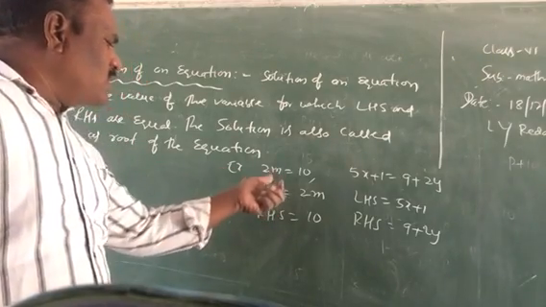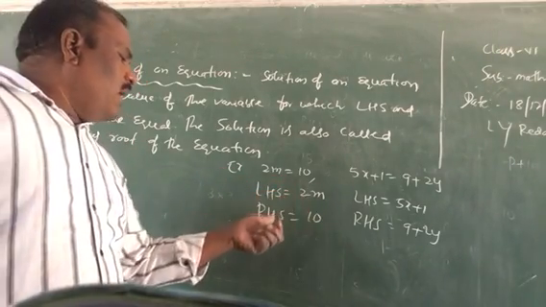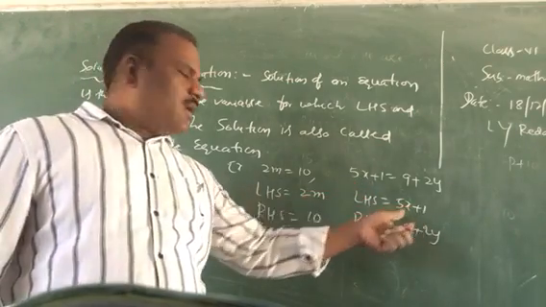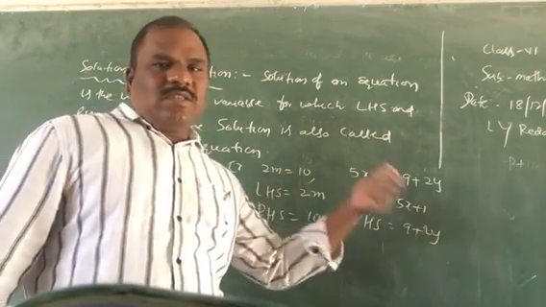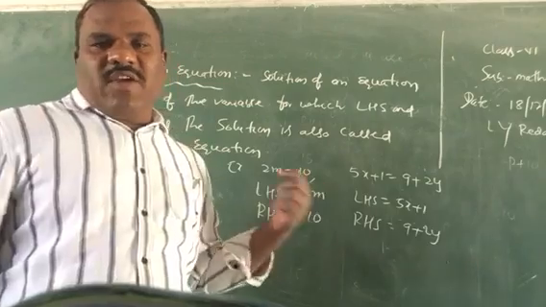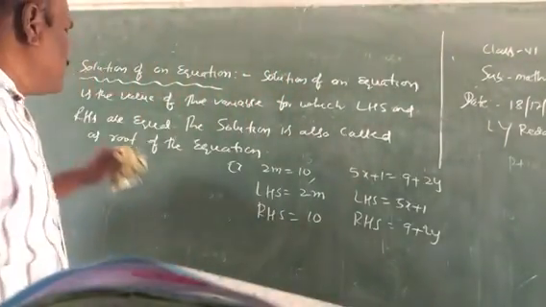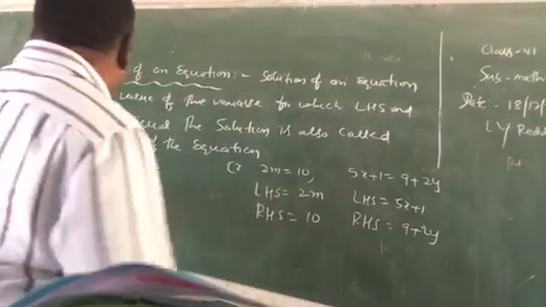These are simple equations. Once again, see children, how to solve equations by the trial and error method.